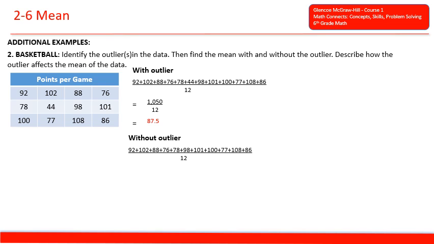Without the outlier, if we add it all up, we get 91.5 points per game. So in this case, the outlier is a low number, which is 44, which drops our average points per game down 4 points.